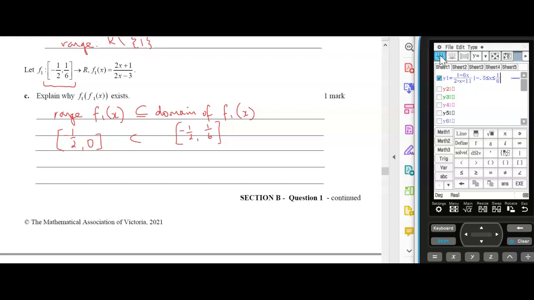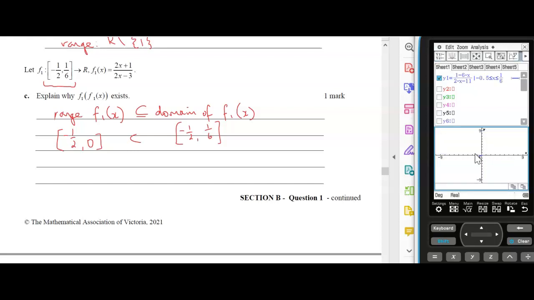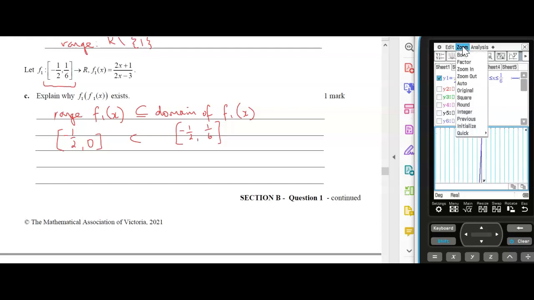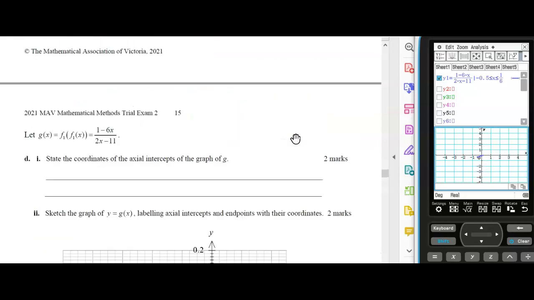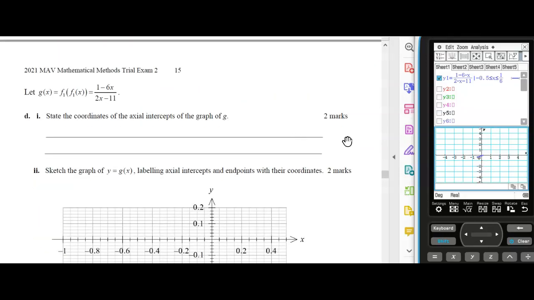All right, so let's sketch that. And it's very small, so let's see if we can see. Okay, so there's the part of the graph that we are looking at. So maybe we can zoom in a bit more.